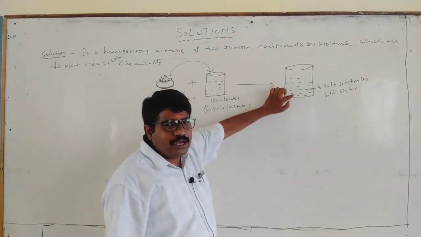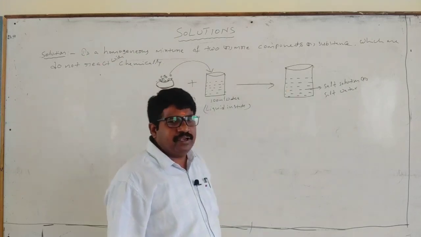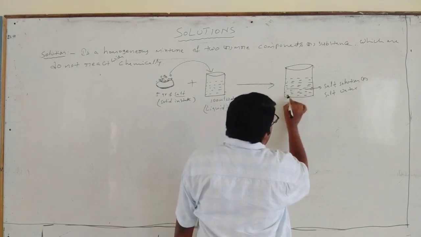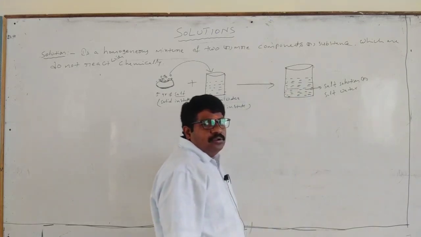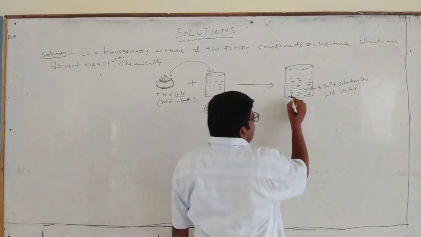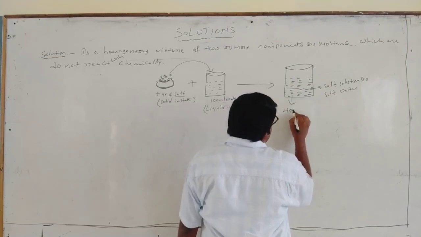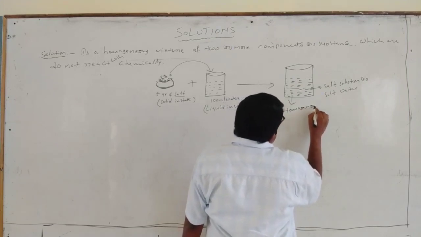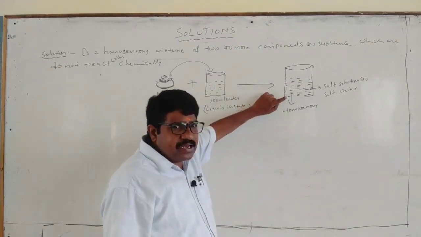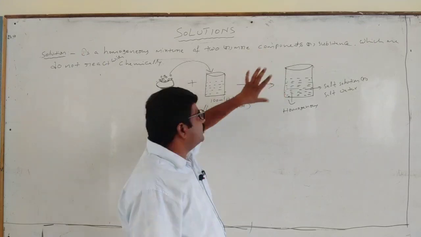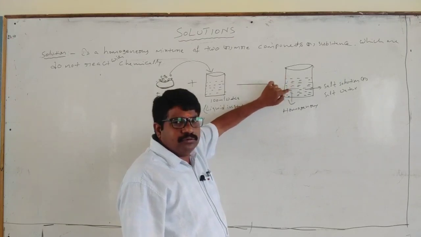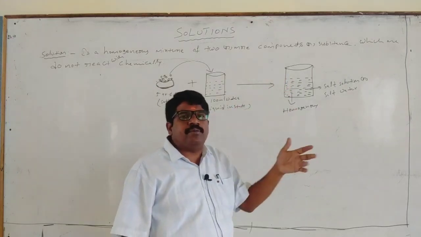It has two components, but appears again as a liquid. This means all components are uniform, so the resultant solution is uniform. That is called homogeneous. After mixing two or more components, the solution again appears like one substance, like the solvent only, liquid only. Homo means the same appearance.